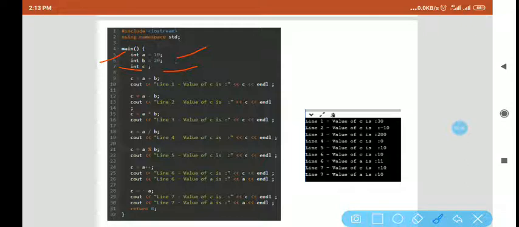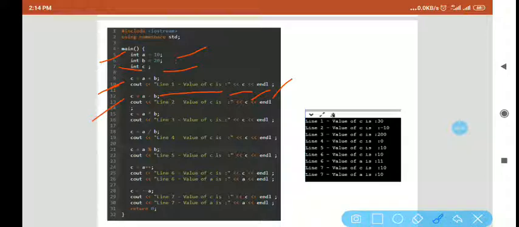In c we are storing the result as shown in this PPT. First c equal to a plus b. As you know, cout is used for display purposes. So we print the value of c, you have to give directly the value you want to print, and endl is used for a new line, and at the end of each line you have to give a semicolon.